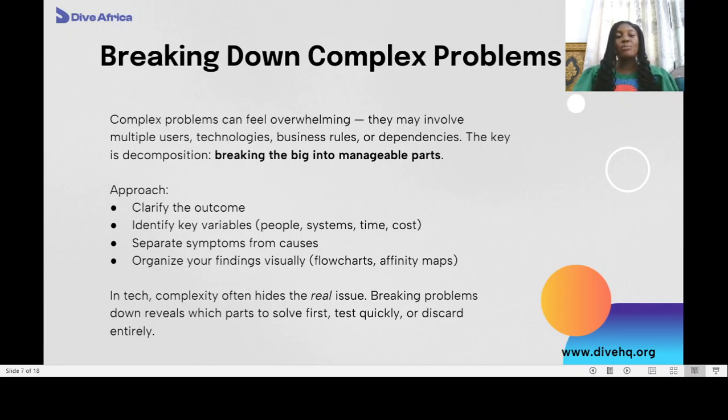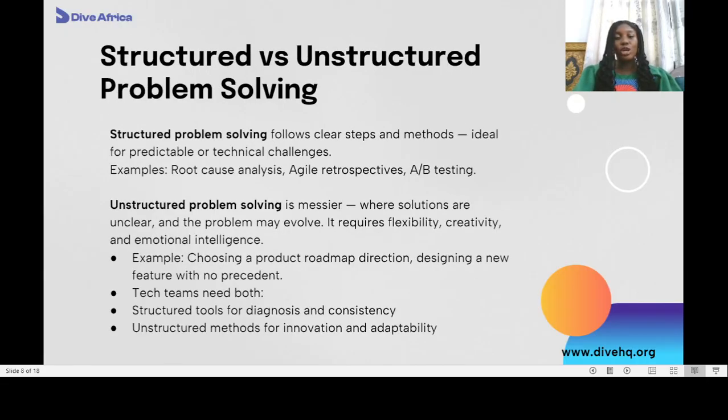So breaking problems down reveals which part to solve first, test quickly or discard entirely. So all this is actually going to help you when you know how to break down complex problems into smaller bits so that you can achieve things that everybody will be able to benefit from. Very important.